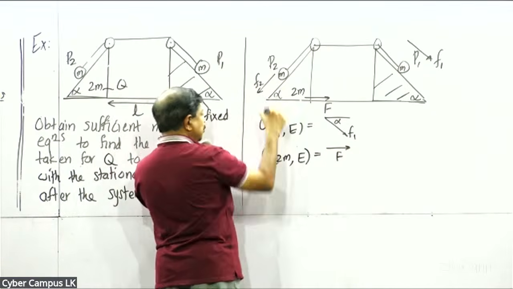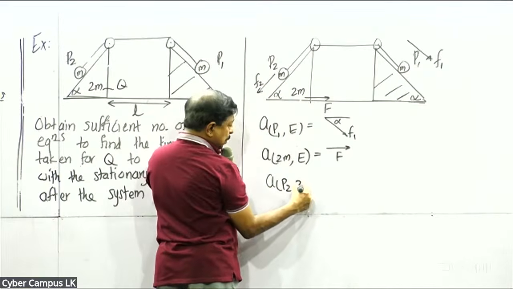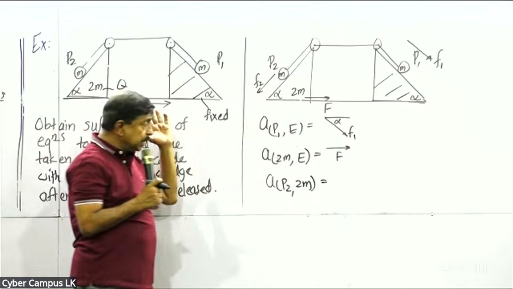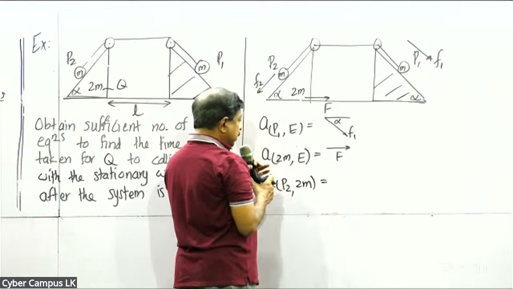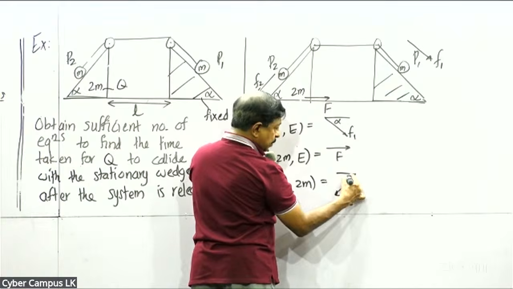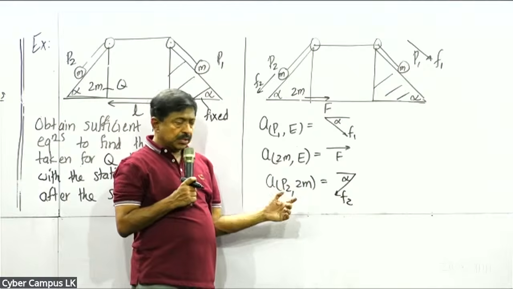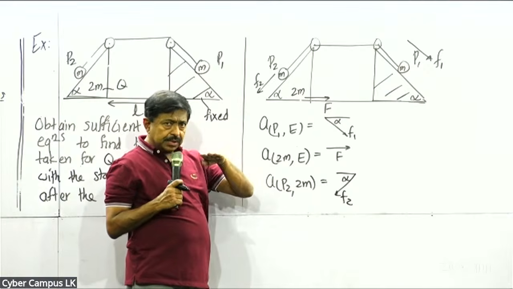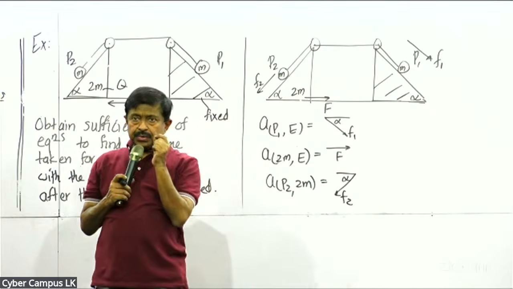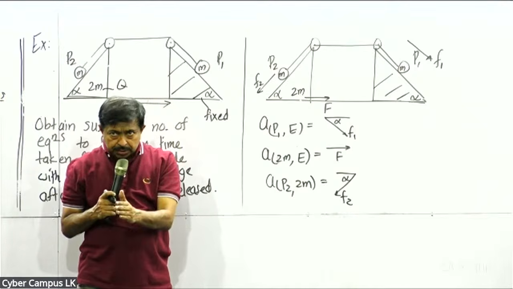Now, the acceleration of P2, this is relative to 2m. It's not an acceleration relative to the Earth, right? Please note that fact. So it is F2. Now, we cannot apply Newton's law with this setup for P2, because in Newton's law the acceleration a is the acceleration related to the Earth.